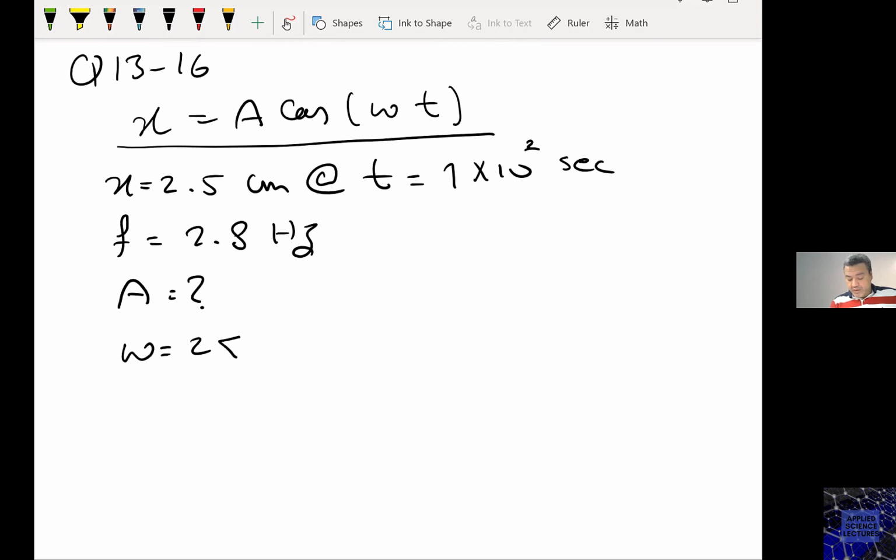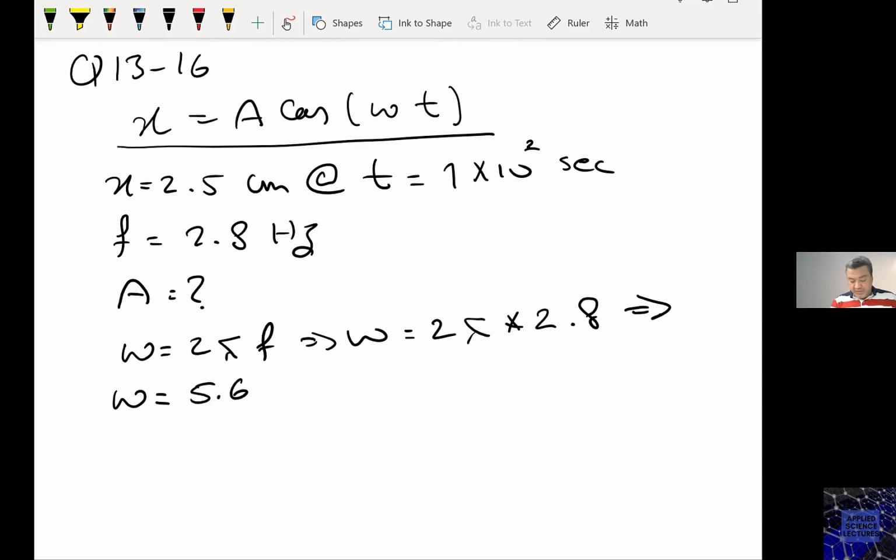Omega is 2 pi f, 2 pi times 2.8. Omega is 5.6 pi radians per second. So I have now the omega. I found the omega.